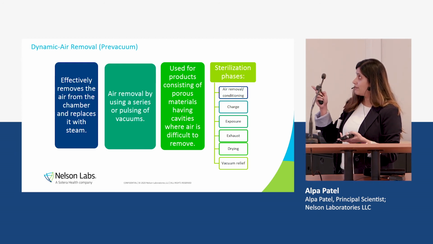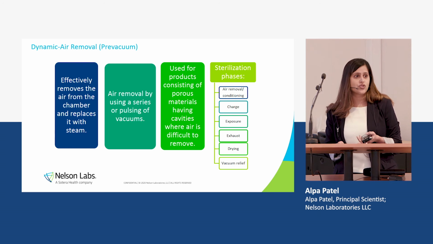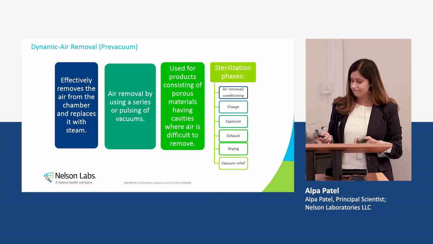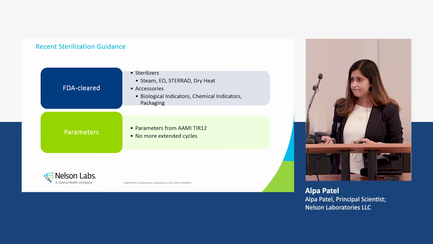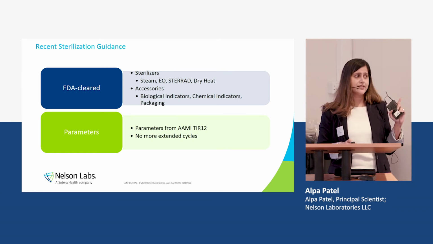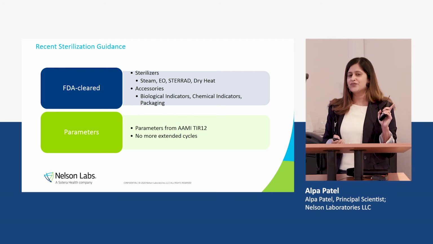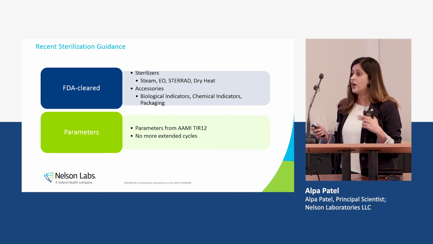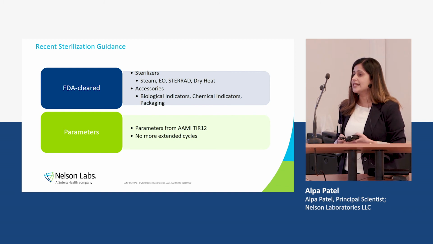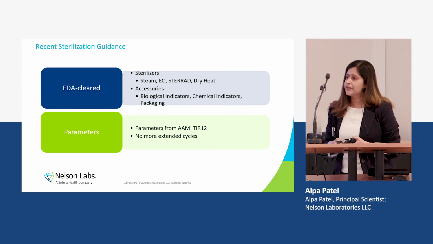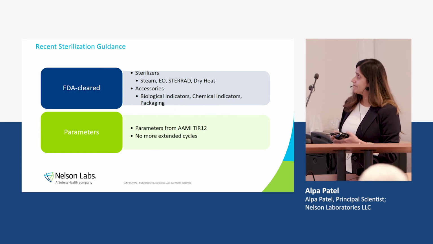So pre-vacuum sterilization is your most common sterilization method that you should think about and use. However, dental places still use gravity cycles. So if you're designing devices for dental, you may want to talk to that audience and see if they do have pre-vacuum cycles or they're still doing gravity at that point.